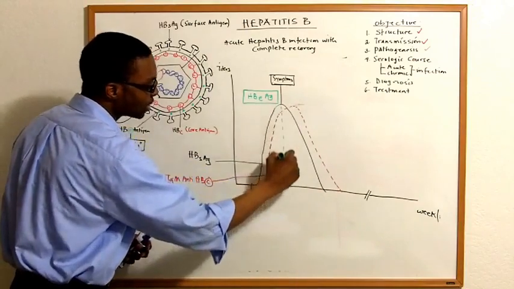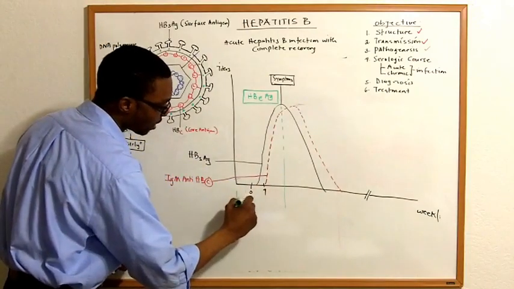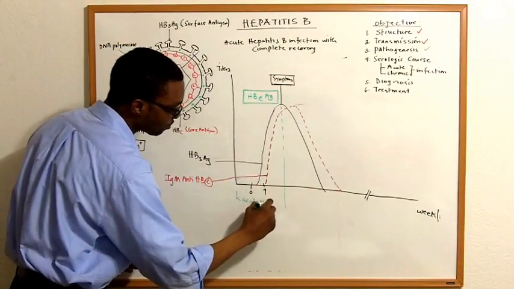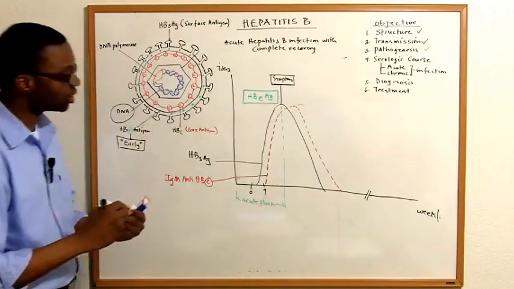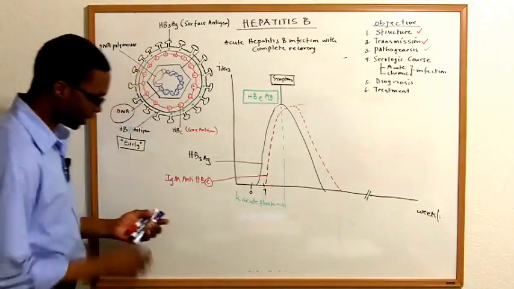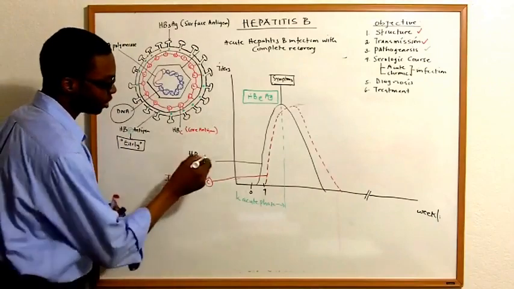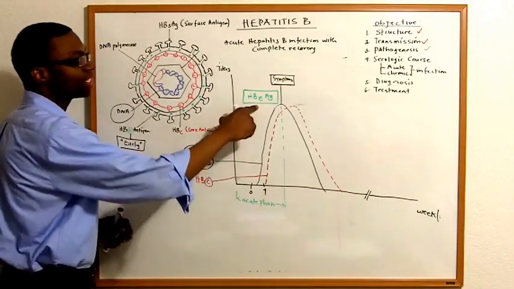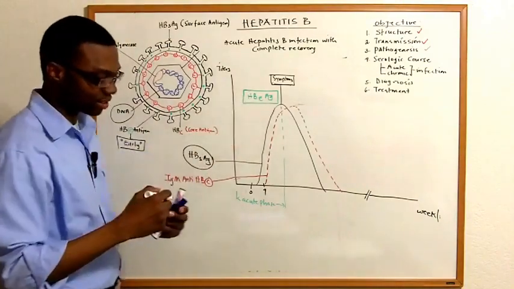So let's make this an acute phase of the infection. So what do we find? We find a hepatitis B surface antigen and hepatitis B early antigen.